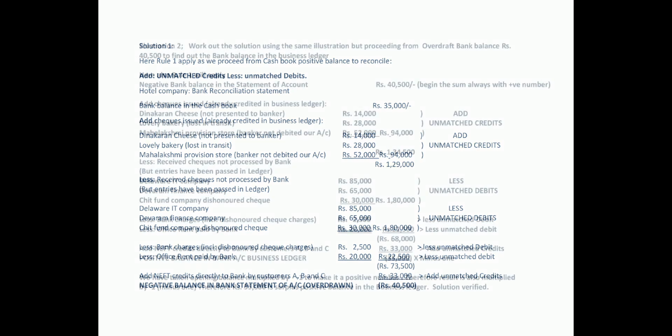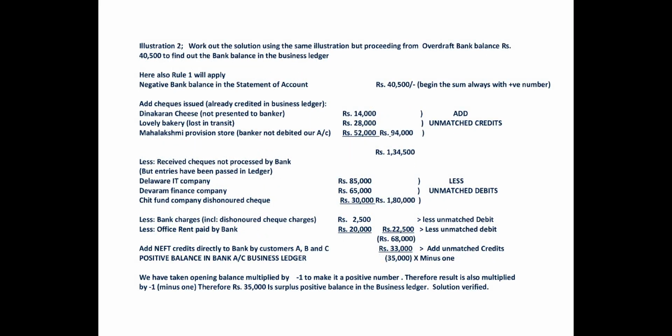Illustration 2 is worked the reverse way to check the rule. Here, when we proceed from passbook overdraft balance to find cash book balance, you always take the figure 40,500 as a positive balance for the solution purposes. So 40,500 being a negative balance, we are multiplying this by -1 and taking it as a positive balance of 40,500.